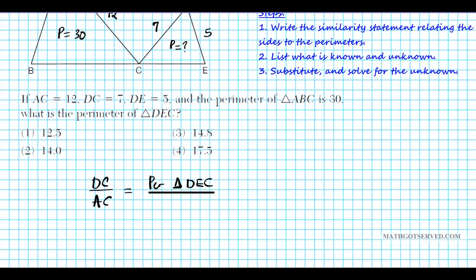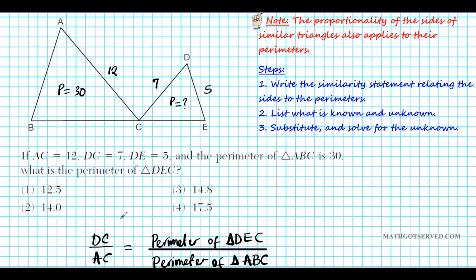Let me write down the whole word so no one gets confused. Perimeter of triangle DEC divided by the perimeter of triangle ABC.